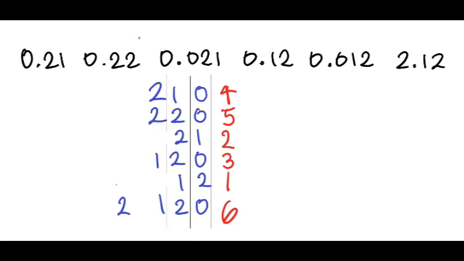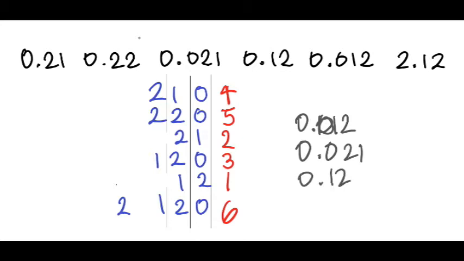And so our first one was that one there, which we pretended was 12. So that's what we do. We would write 0.12. Then we would go to that one there, wasn't it? So 0.021, and then that one, 0.12, and so on.